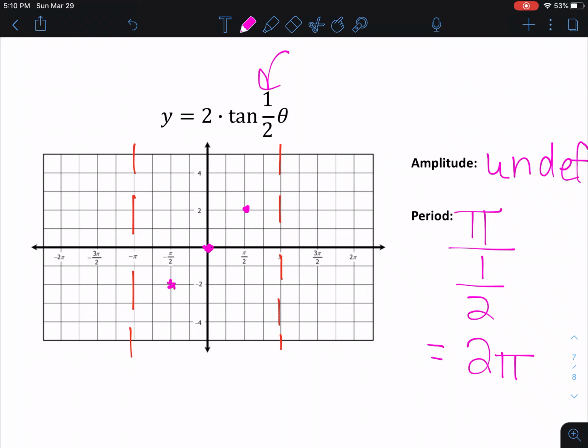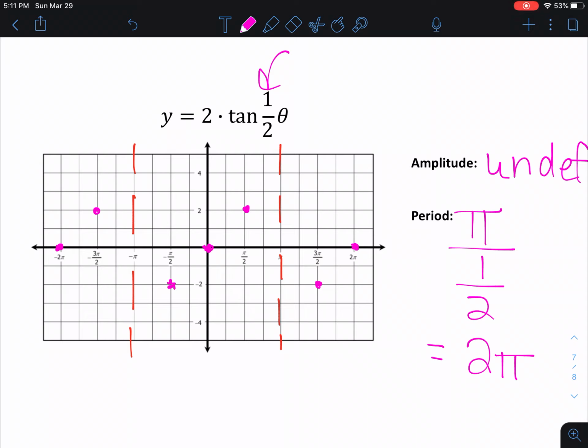Now I can continue that, and looking over here, I know I'm going to be back at 0 at 2 pi, and then another dot here. I won't be able to fit to the right of that. Same thing back here, I'll be at 0 at -2 pi, and then at -3 pi over 2, I'll be at +2. That's all I'll be able to fit.